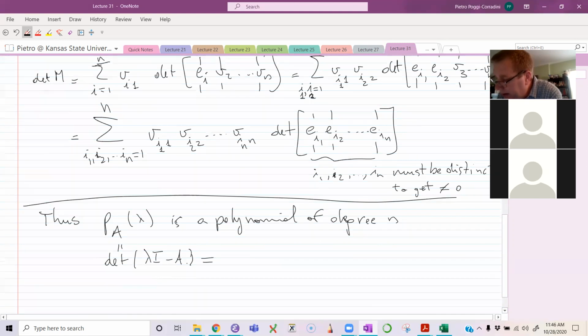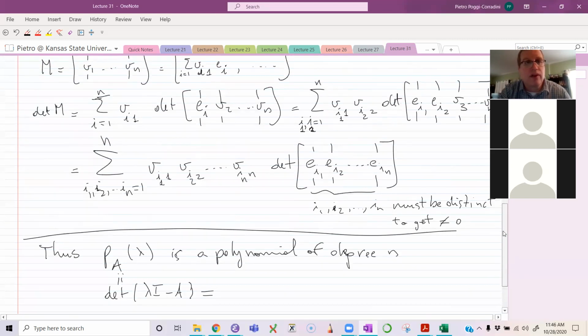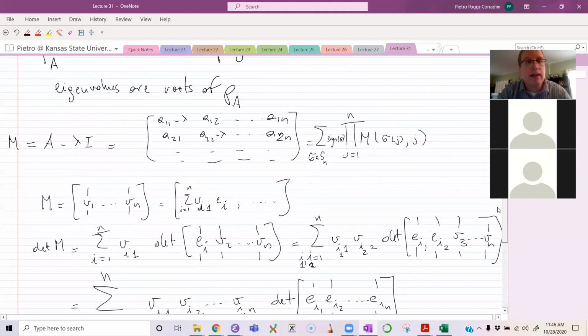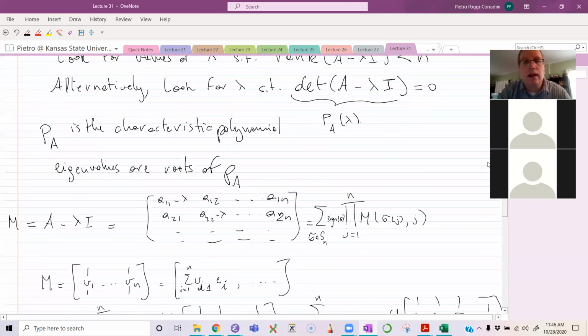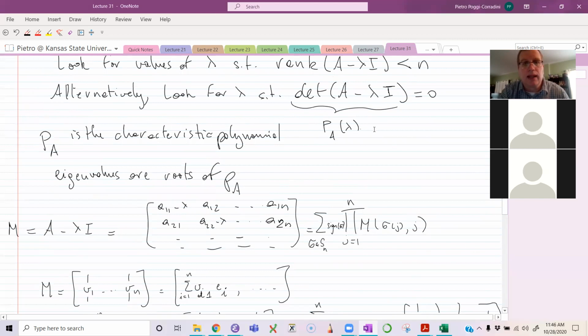It's slightly better. Let me show you what the difference is. Yeah, this is not quite PA lambda.